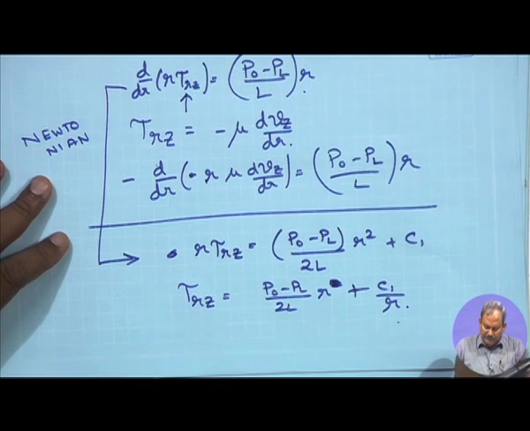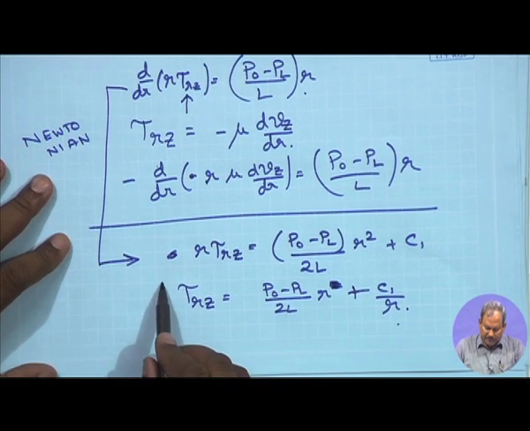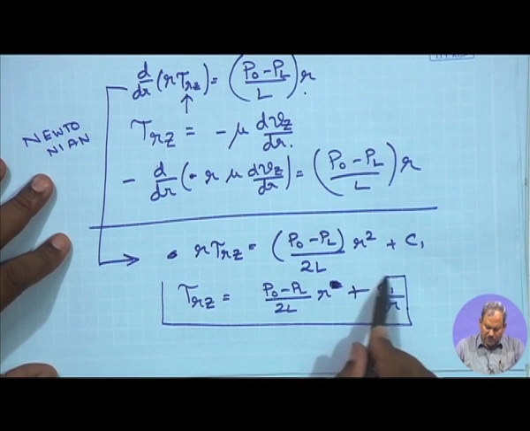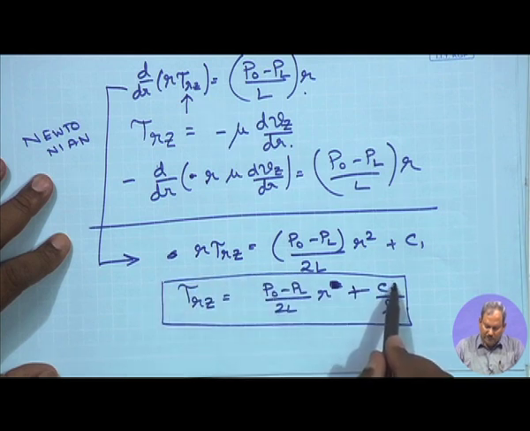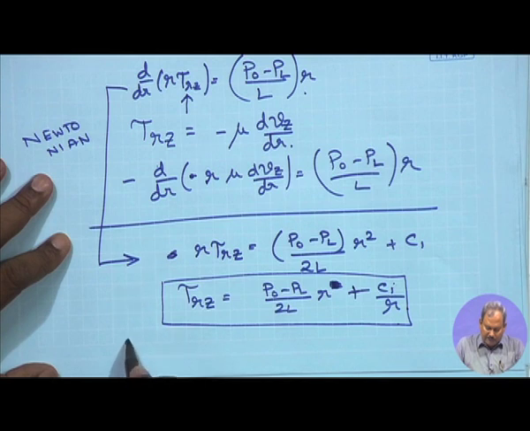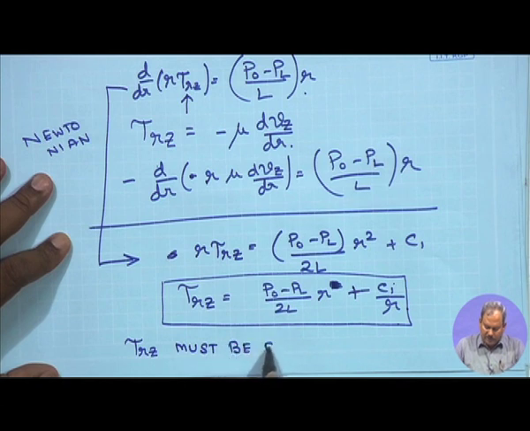Now, we realize that this gives us an opportunity to say something about the value of the integration constant C1. We understand that tau rz must be finite at r equals 0.